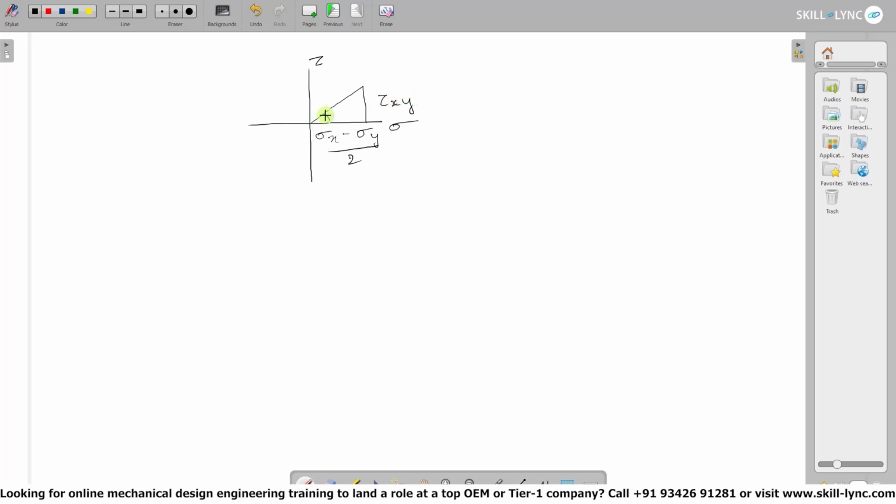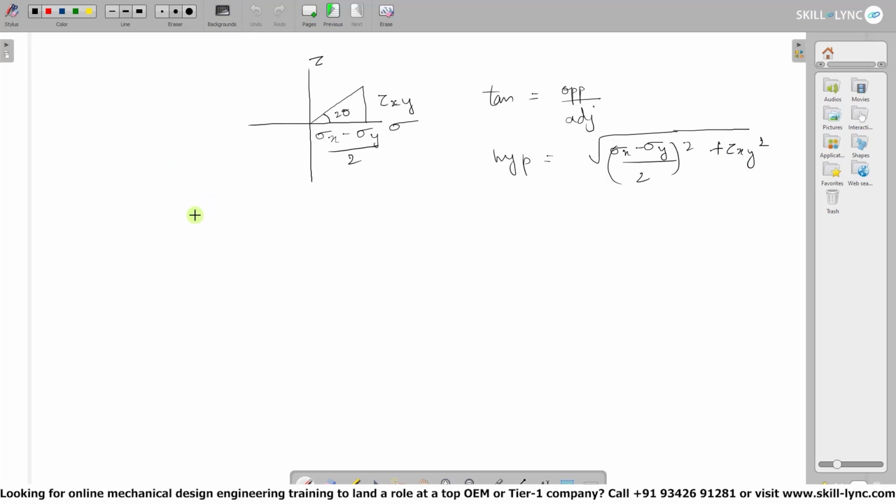When we plot it for 2 theta, we know that tan is equal to opposite by adjacent. At the same time, from the Pythagoras theorem, the hypotenuse can be written as root of sigma x minus sigma y by 2 the whole square plus tau xy the whole square.